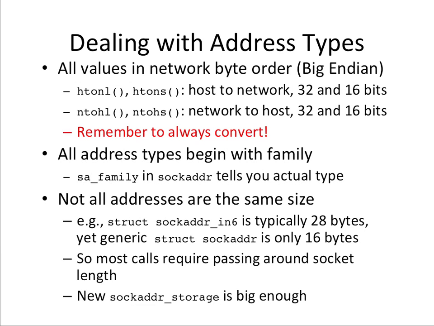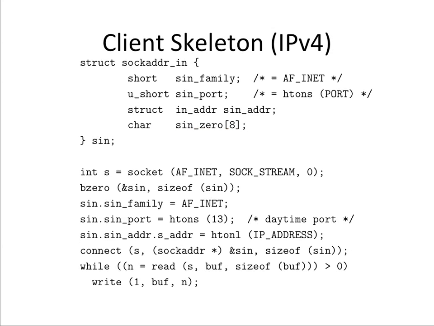All right. So here's what a client looks like, a skeleton of a client. Let's say we're trying to build a client-server application. You have this structure. You want to have an IPv4 address, given port number, right? So you create a socket, and you specify the address type. This is the port number basically, and that's the IP address.